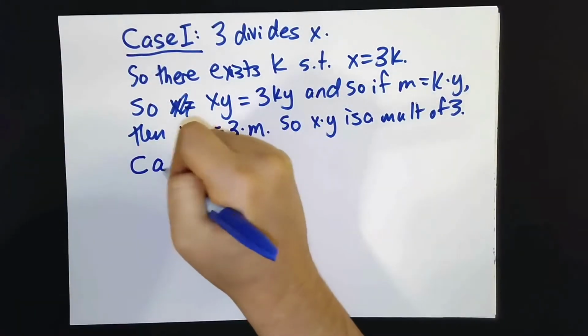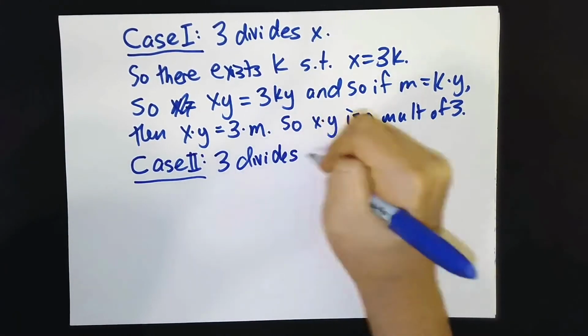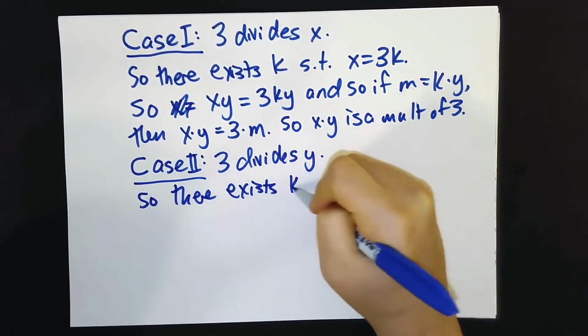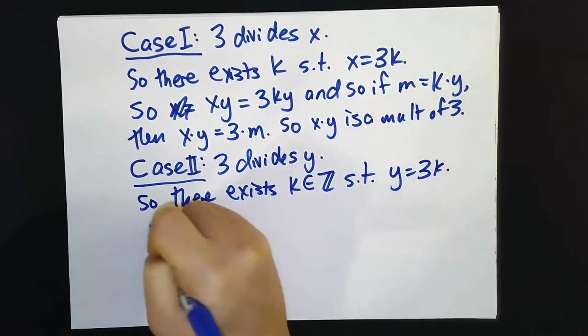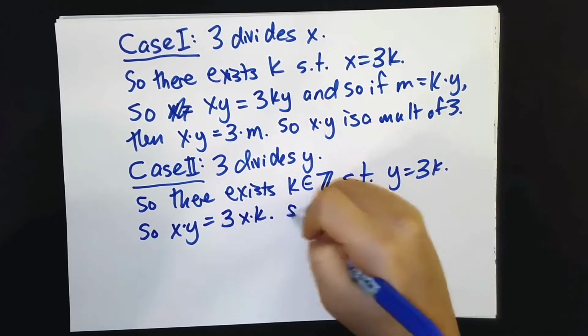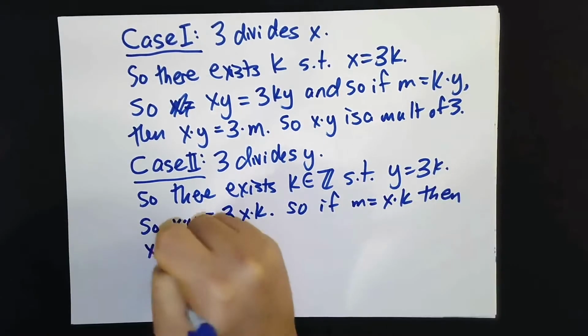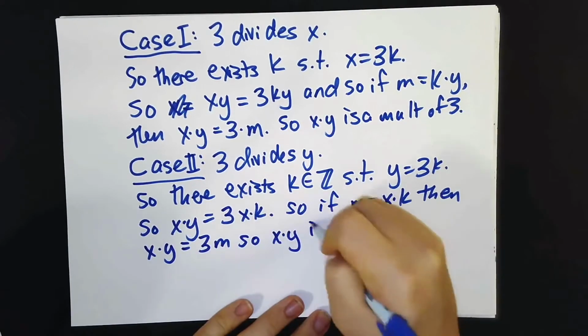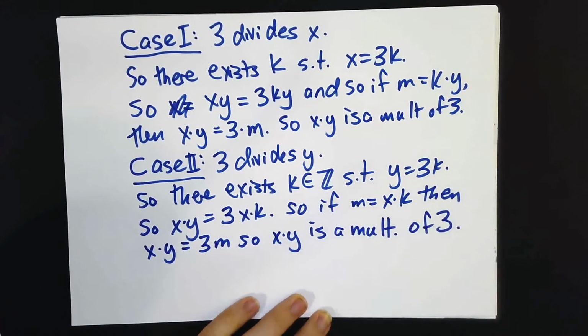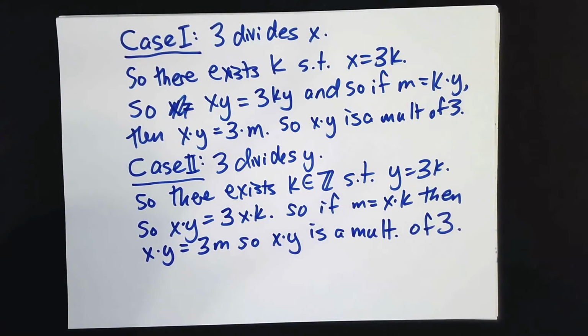And then I'll write down almost exactly the same thing for case 2. And so that covers both the possibilities: 3 divides x, 3 divides y.